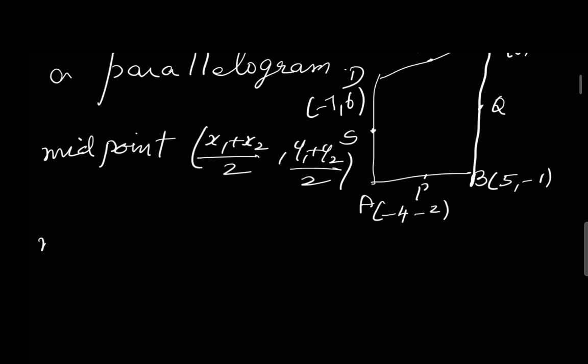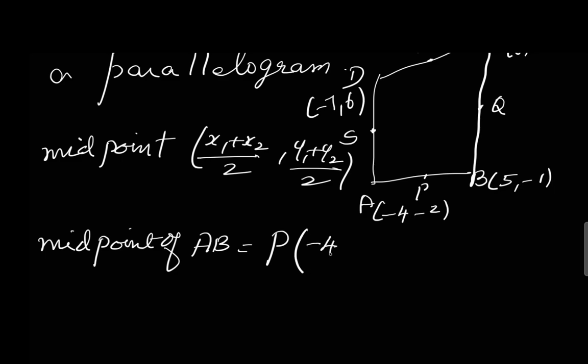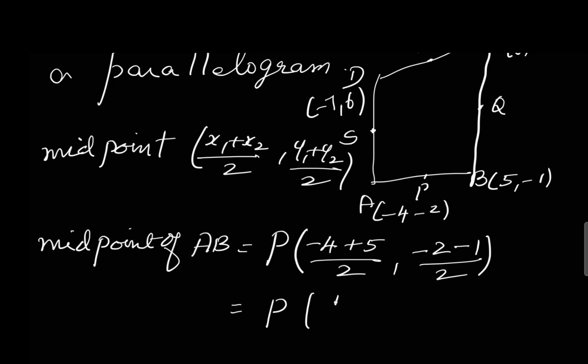First let me find the midpoint of AB, which is P. So x: minus 4 plus 5 by 2, y: minus 2 plus, but here it is minus 1, don't put plus, so minus 1 by 2. So P is 1 by 2, minus 3 by 2. This is the coordinate of P, the midpoint of AB.